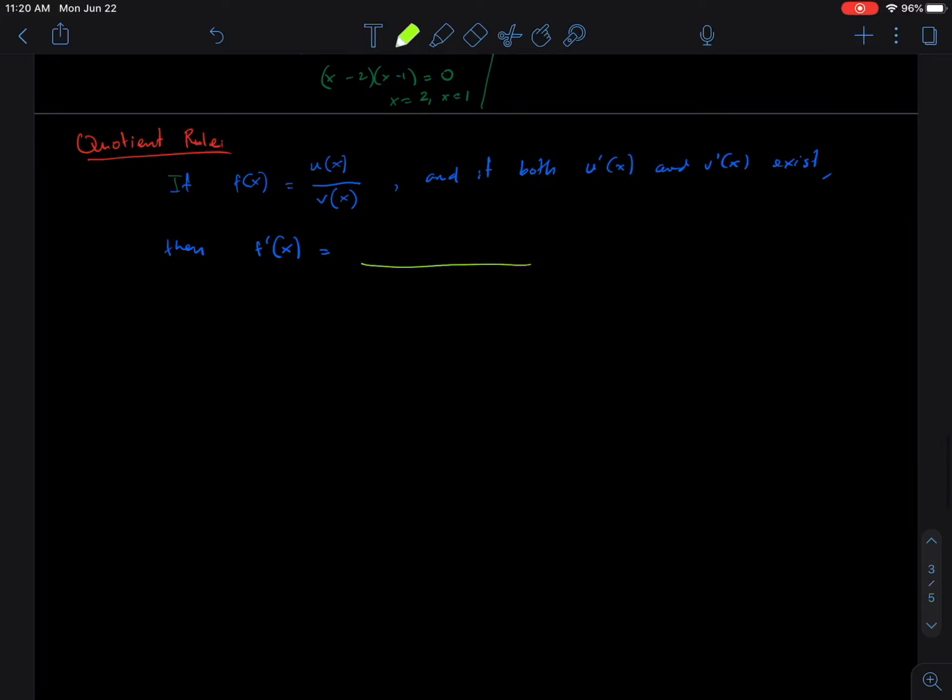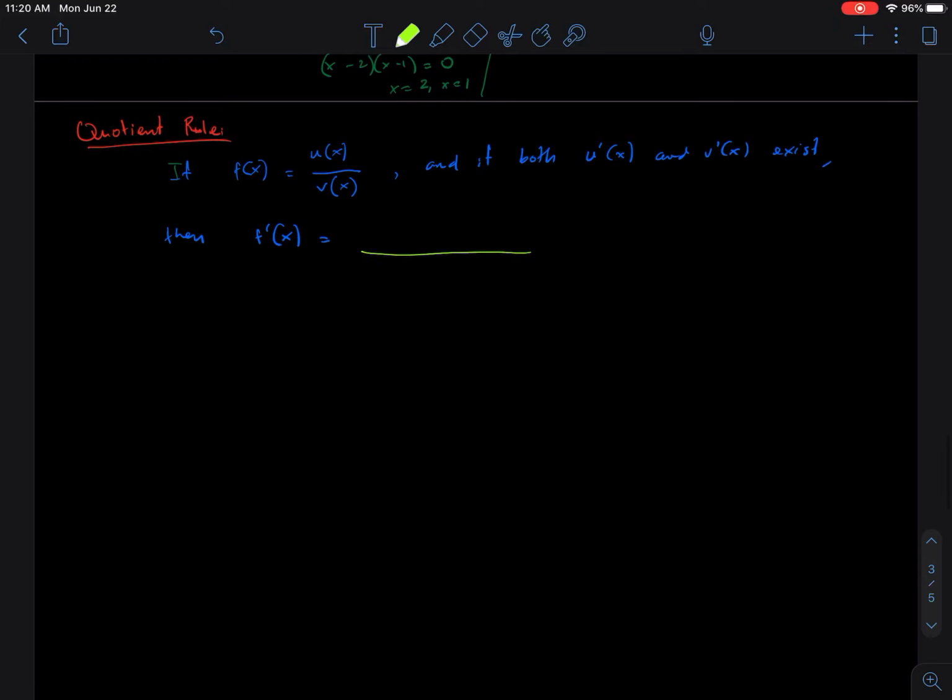The part that I always remember the most is the denominator. So the derivative of a quotient is always equal to, the first thing is the denominator is going to be v squared, the bottom function squared, and the numerator is going to be the bottom function times the top derivative, which is u prime, and then minus, right in the middle, the top function, which is u, times v prime, which is the derivative of the bottom function.